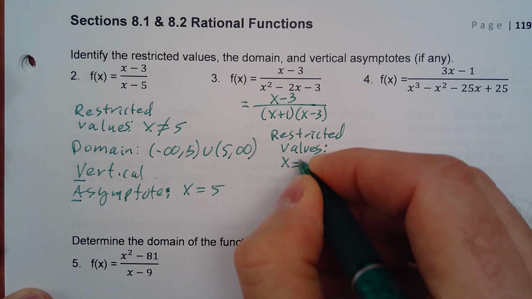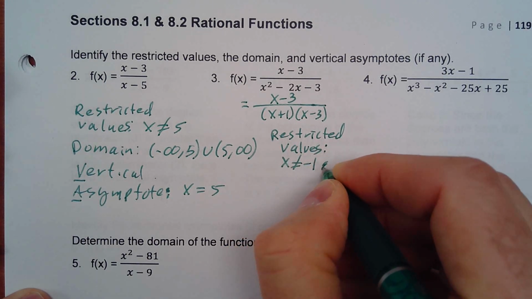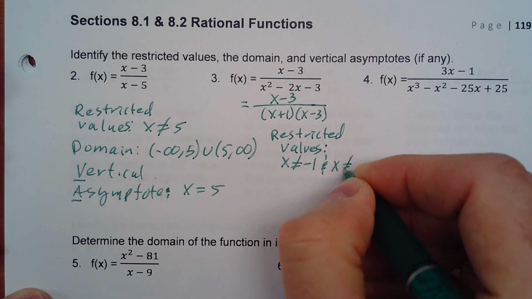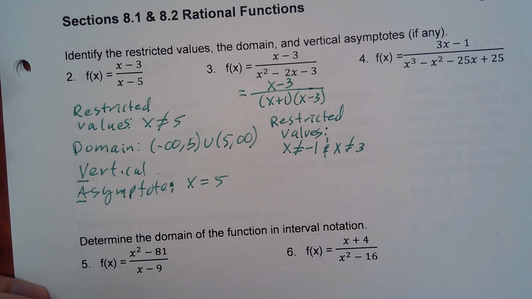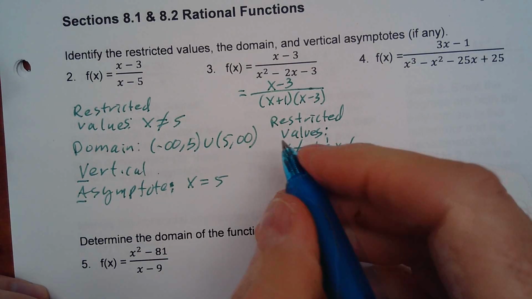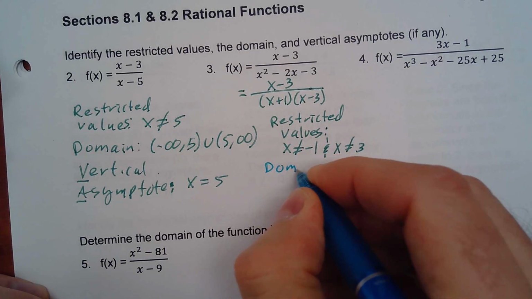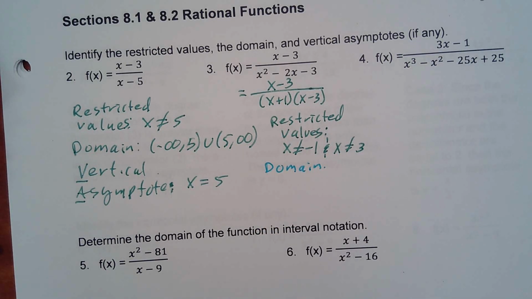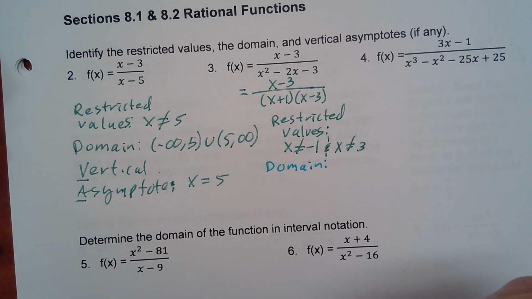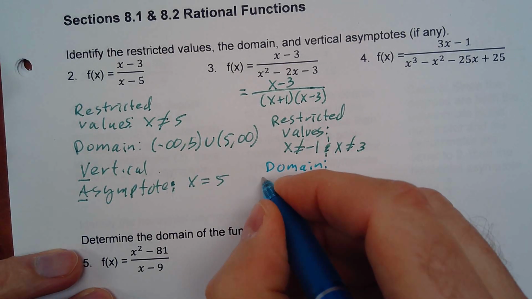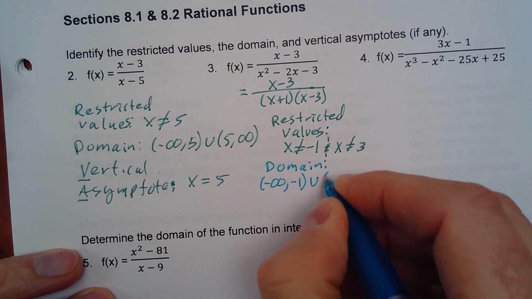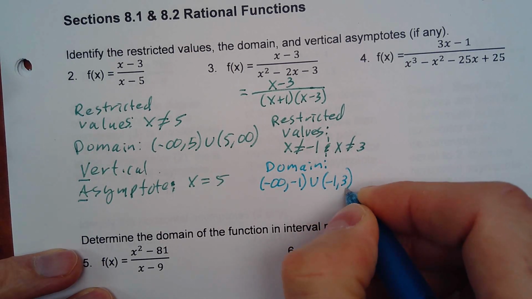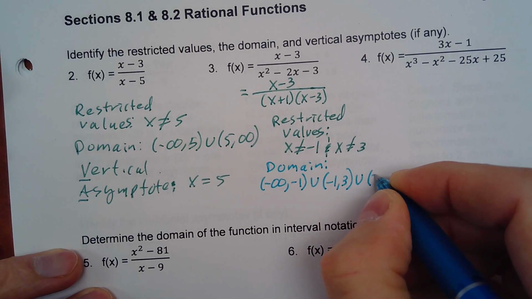Here x cannot be equal to negative 1 and x cannot be equal to 3. That means my domain here is going to be a little bit more complicated, because I'm going to have to remove both those values. I'm going to have to remove negative 1 and 3 from the real numbers. So that's going to give me negative infinity to negative 1, parentheses, union, negative 1 to 3, parentheses, union, 3 to infinity.